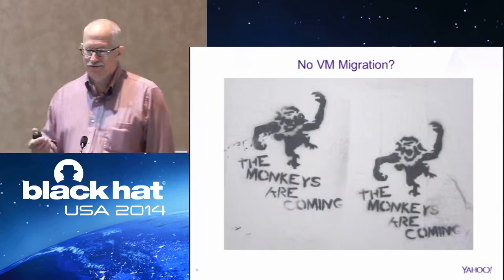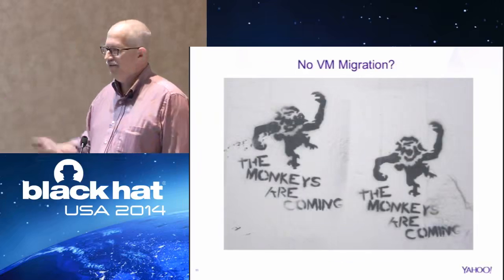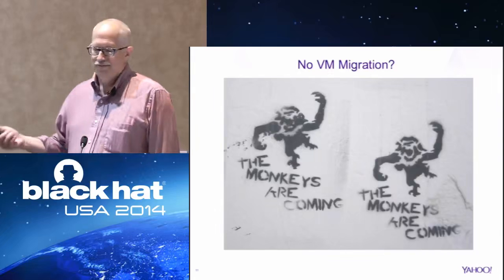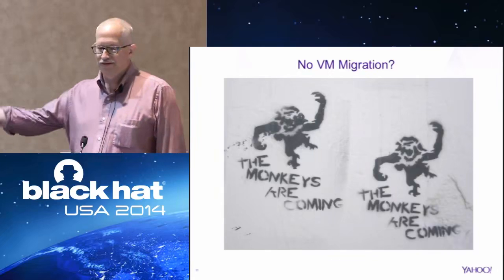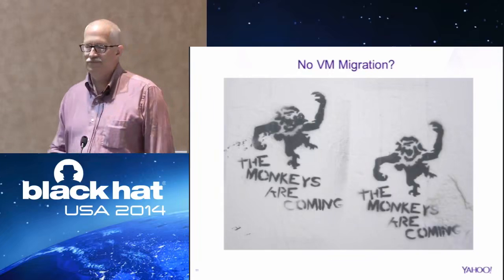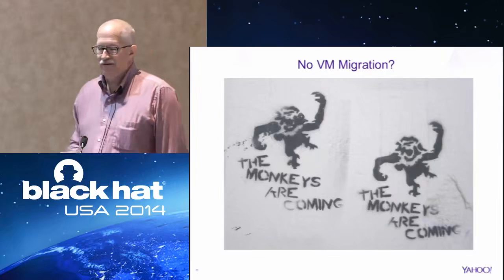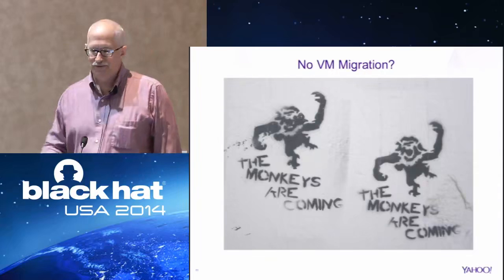So you're probably asking the question now, no VM migration? Why is this not a big issue? How do you get VMs between hypervisors? Well, it's not a big issue because the applications we run are designed so that if an army of monkeys should randomly destroy VMs, we'll be able to keep running. And we can do this because we're a private cloud, and we have a lot of control over what is actually running inside the VMs.